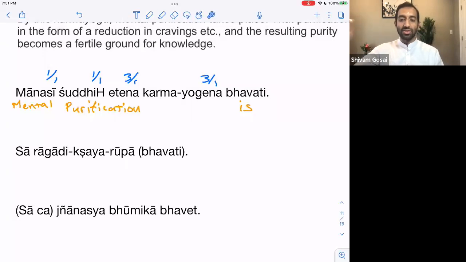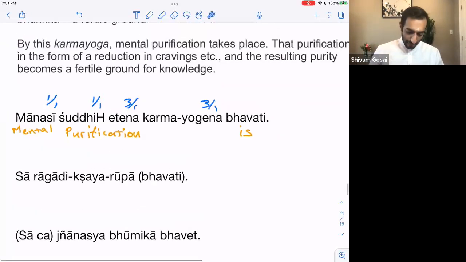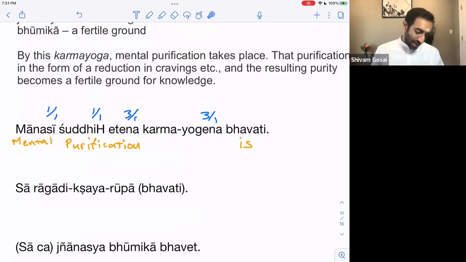Karana is the instrument. So either is fine, actually. They both will work. This translation can point to either by, or because of this karma yoga. We'll just take karane tritiya for simplicity, right?